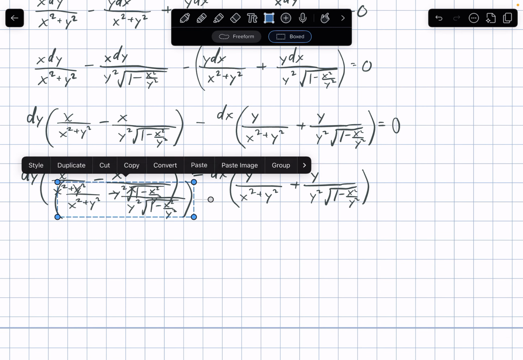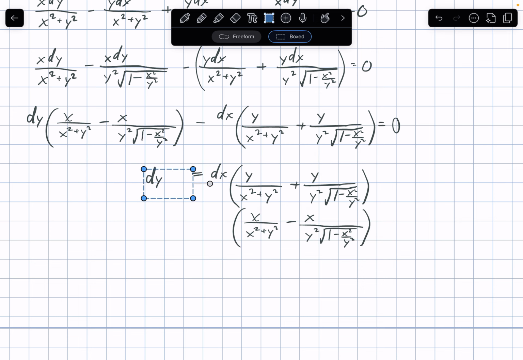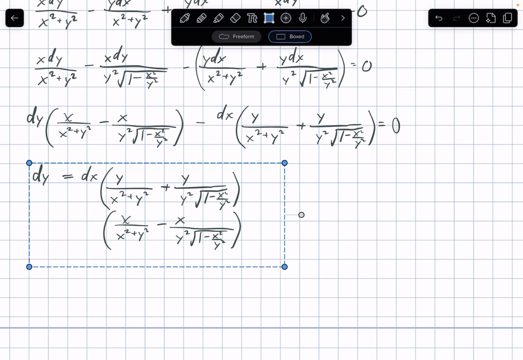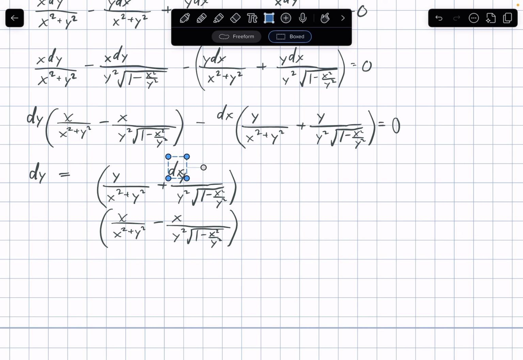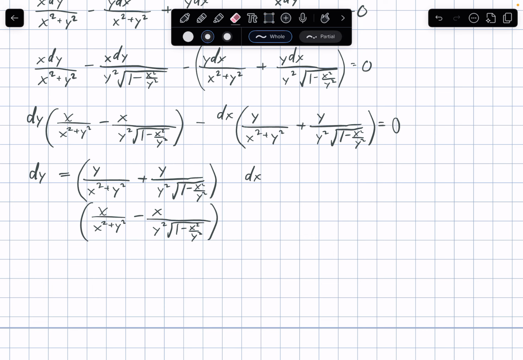So divide both sides by this, so this gets cancelled. We have this instead. And then division. So that's essentially it. This is the answer already.